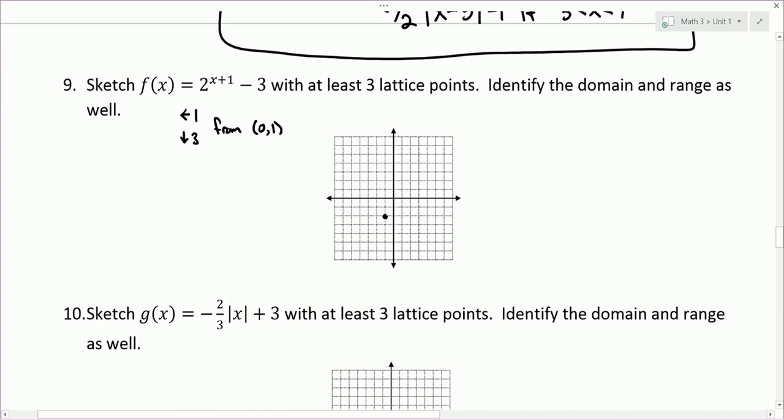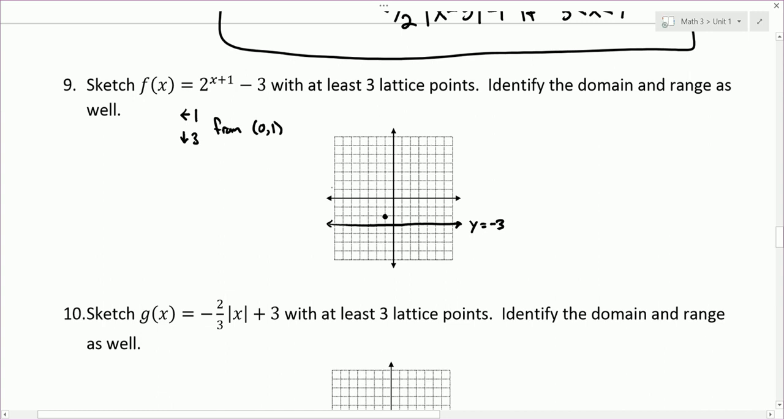The parent graph also has a horizontal asymptote at the x-axis. Everything's been translated down 3 units, so now the horizontal asymptote is the line y equals -3. And then we want a couple other points. So we have one lattice point right now.